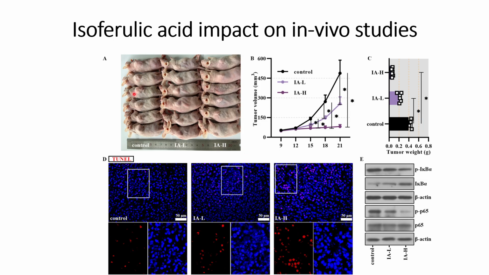And in terms of the signaling pathways, they found that the NF kappa beta pathway is downregulated when the isoferulic acid interacted with the cells.